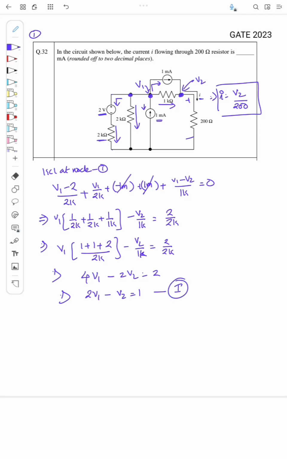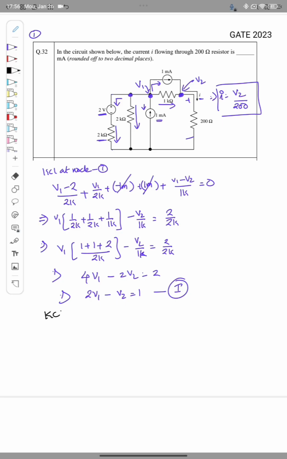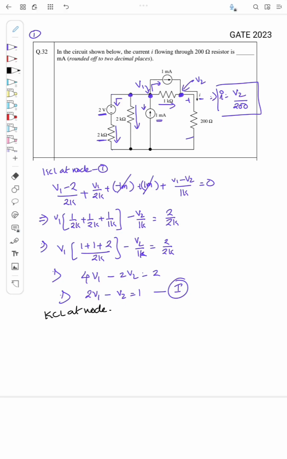Now let me apply KCL at node 2. There should be a current flowing in this direction, which is (V2 minus V1) by 1k, plus there is a current, this one, so minus 1 milliampere, and there is a current like this, the I current, so plus V2 by 200, that equals 0.